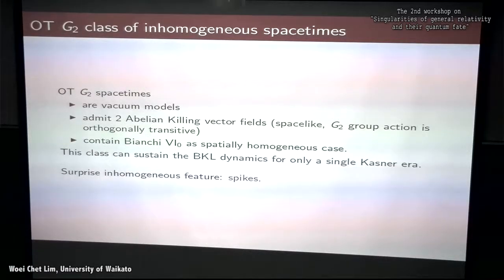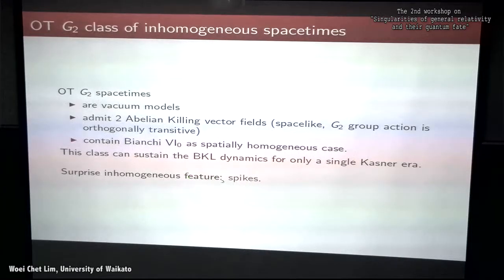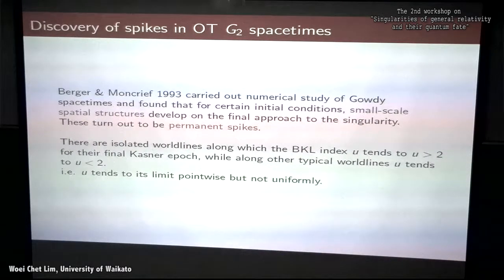And what's new here, because of inhomogeneity, the eigenvalues of the n's can be 0. So the eigenvalues of the n can change sign in your initial data. So it could be positive here and negative there. If the eigenvalue of n is 0, it's not able to do the Bianchi II transition. And that's where you see spikes, a very inhomogeneous structure.